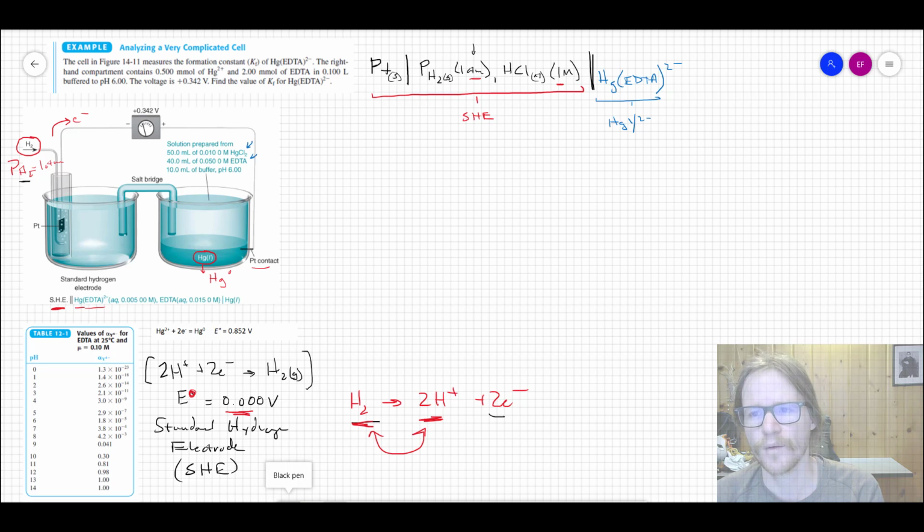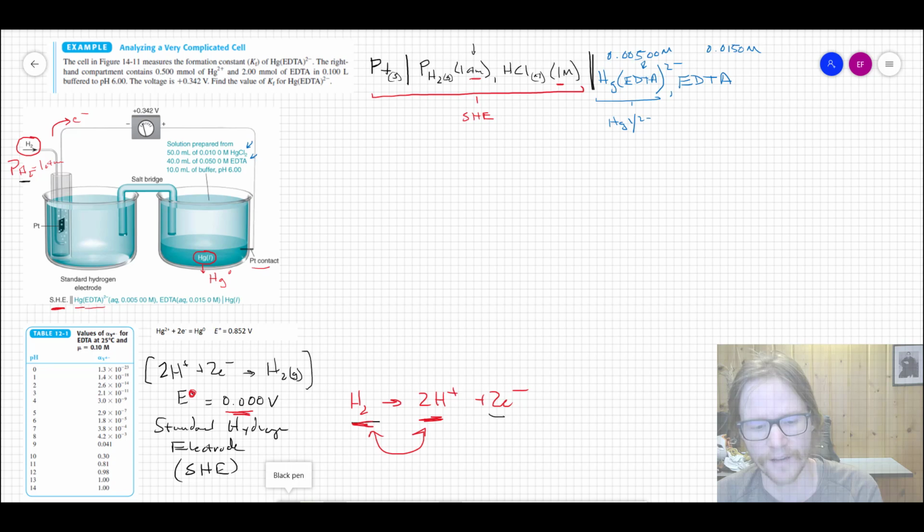And then we know that there's going to be some amount of EDTA, and actually this should be 0.00500 molar. Just because I'm running out of room, I'm going to put it up here. This is EDTA, aqueous, which is at 0.0150 molar, and that's it in solution.